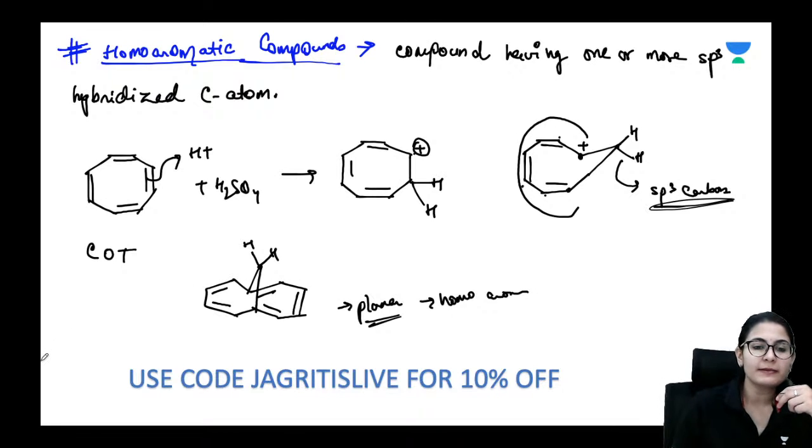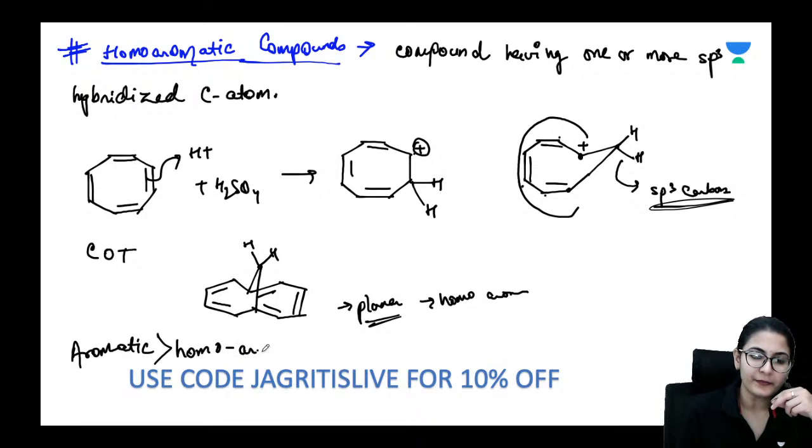Now, what is the stability order, guys? How does the stability order go? Aromatic compound is definitely the most stable. Definitely the most stable one. Aromatic comes first, then homoaromatic. Then there is non-aromatic.